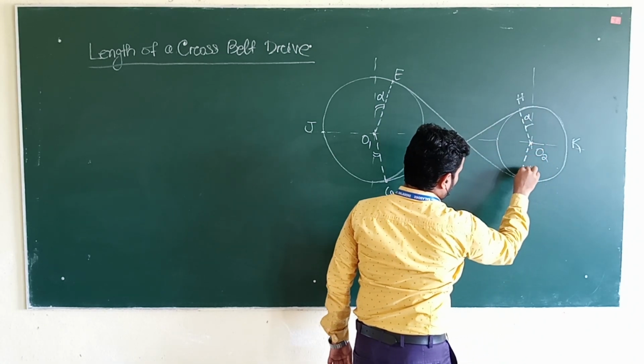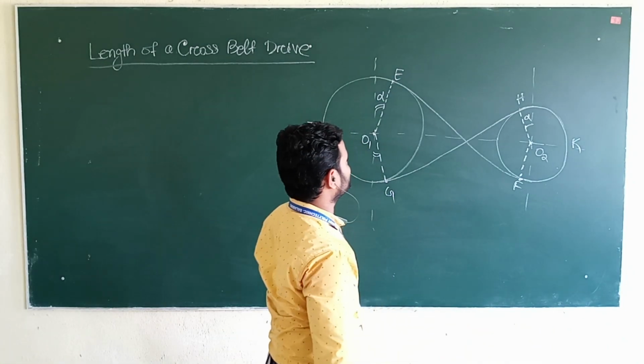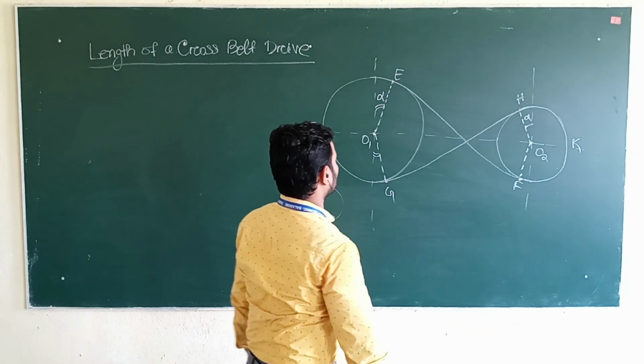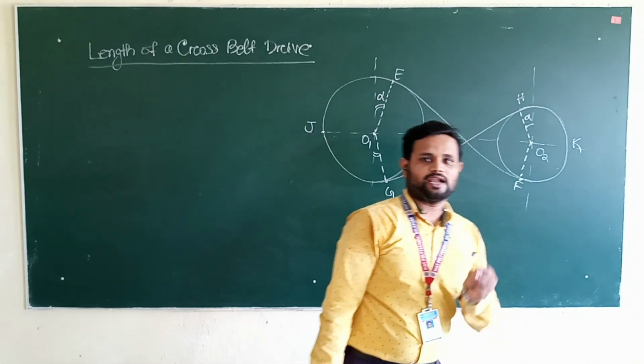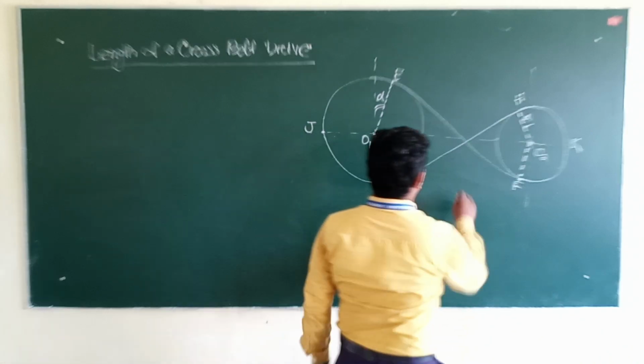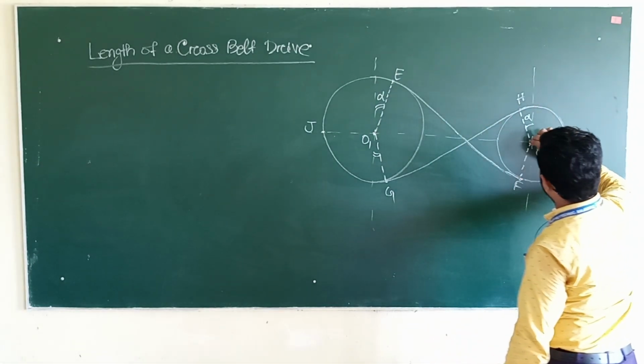Similarly, if we make an angle with the point where the belt leaves the smaller pulley, this angle is also alpha. As you know that in case of open belt drive, we draw a line which is parallel to EF. Similarly, here we will also make a line parallel to EF.